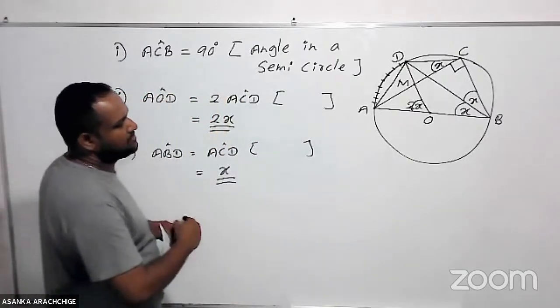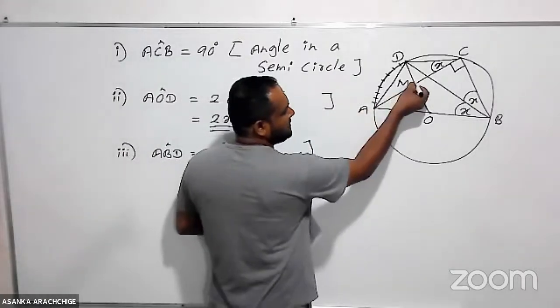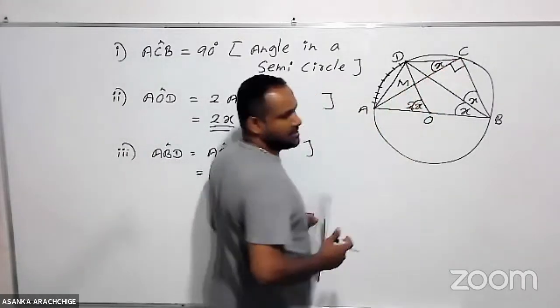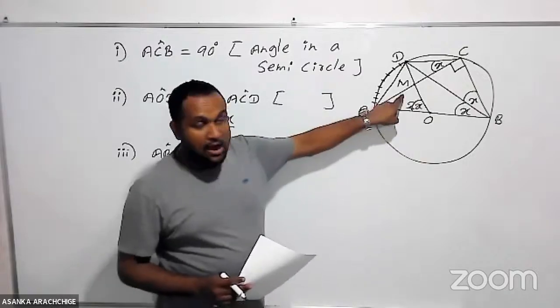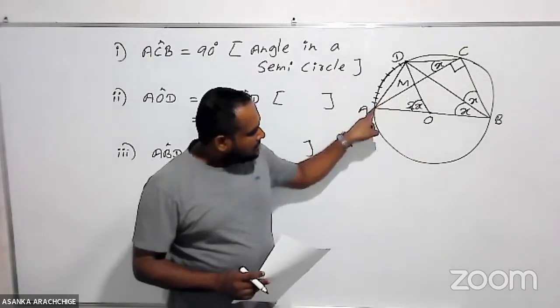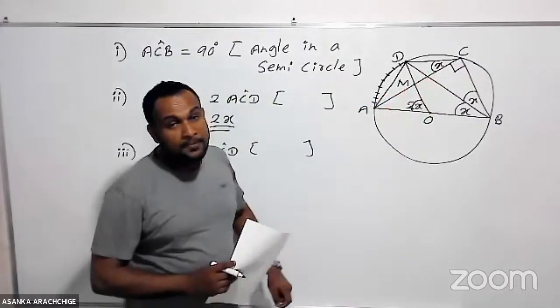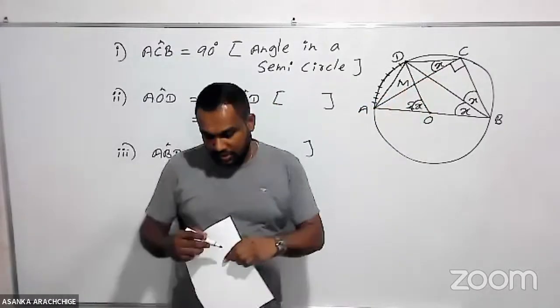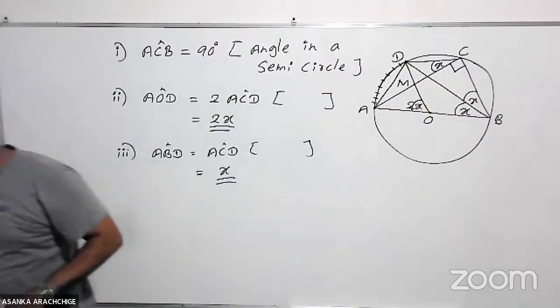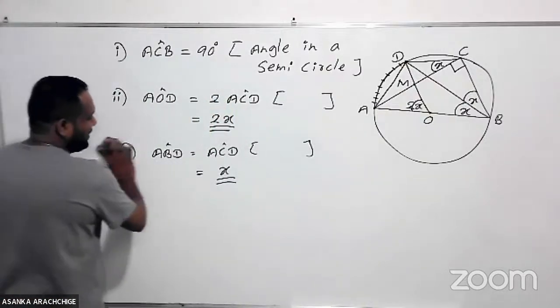Okay, this is AM and this is MC. We have to prove that the line segment AM and line segment MC are equal in length. So how can we show it? How can we prove it? Look, you can do it this way.